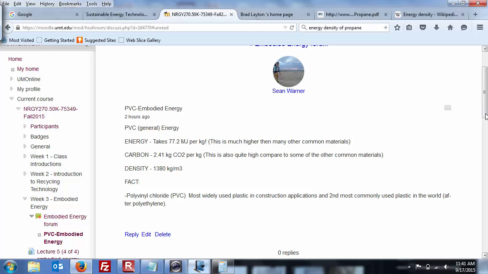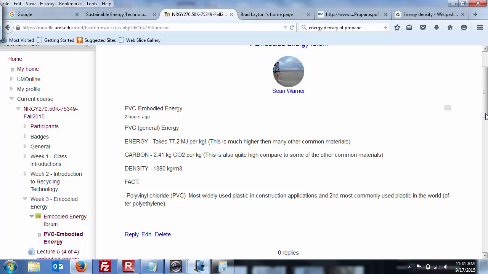And I don't know the answer either. I don't know enough about the chemistry of manufacturing PVC, whether the CO2 is coming off as an off-gas process. It's worth looking into, and maybe I'll just kick it back in the forum.